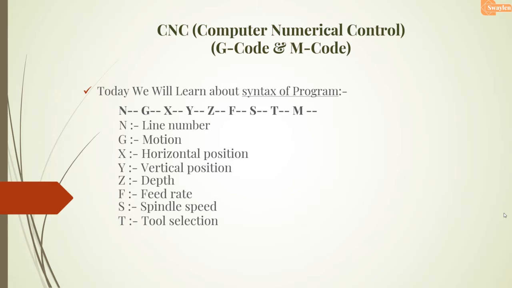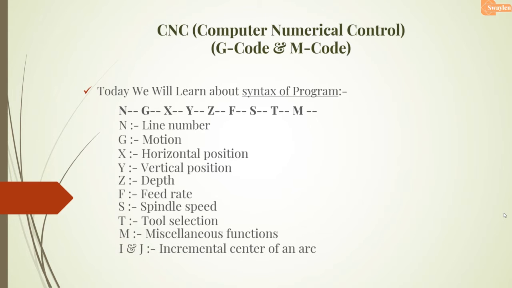T means tool selection. M means miscellaneous function. Now, other options are also here, like I and J for incremental center of an arc and R for radius of an arc. Okay, so this is the normal syntax of our program.